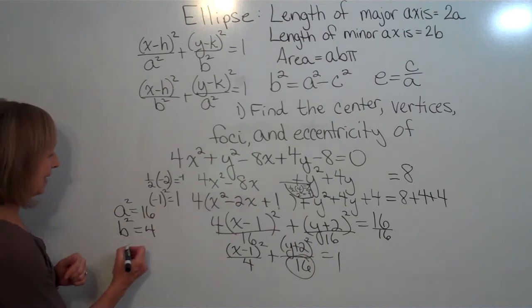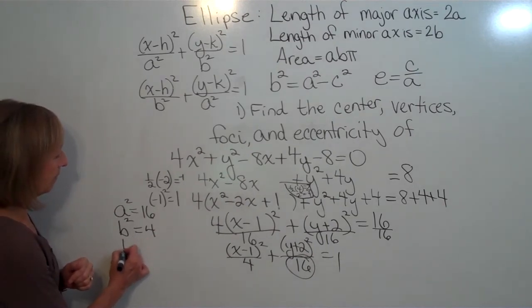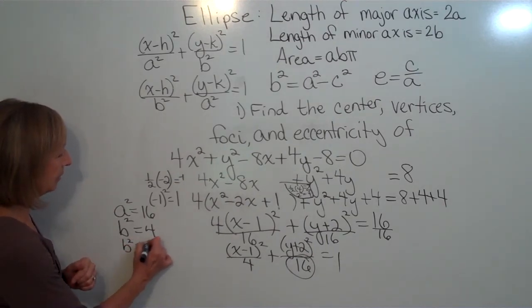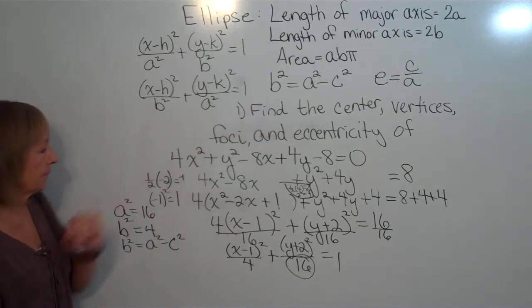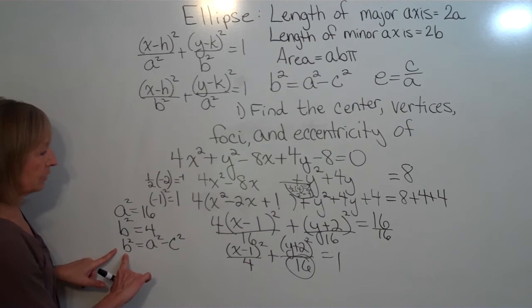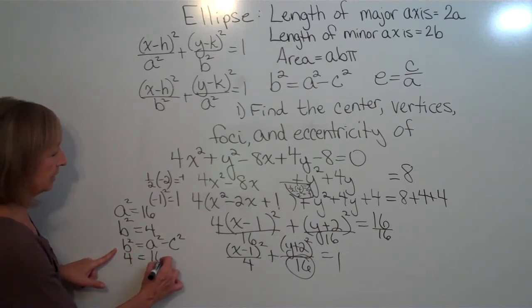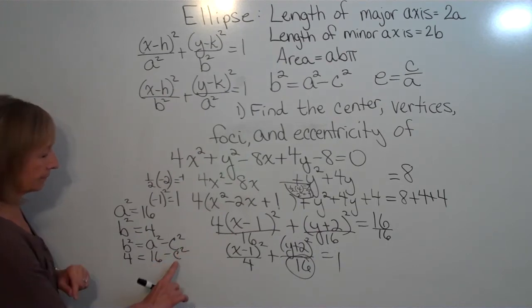And also my c, remember that b squared is equal to a squared minus c squared for an ellipse. So b squared, 4, is equal to 16 for my a squared minus c squared.